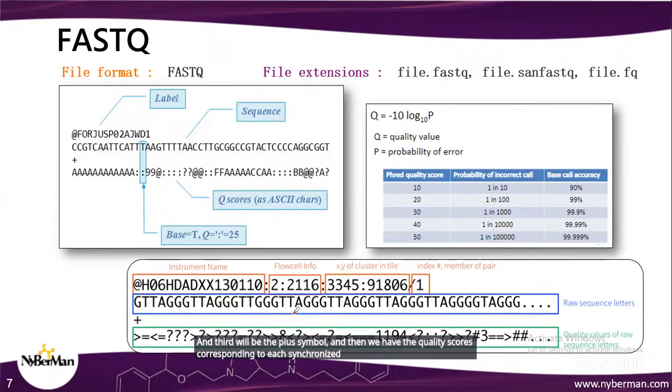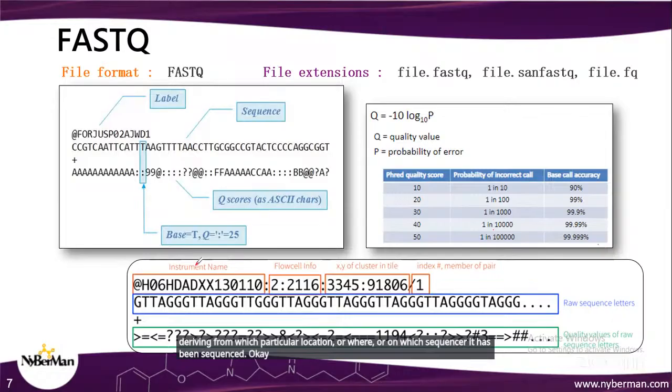Hope this is clear. Below this is an example showing what specifically each component in this header means, because there can be various information corresponding to what sequencer you are using or what important information you want to keep in your header line, so that in future when you go through your data, you understand which location this particular sequence derives from or on which sequencer it has been sequenced.